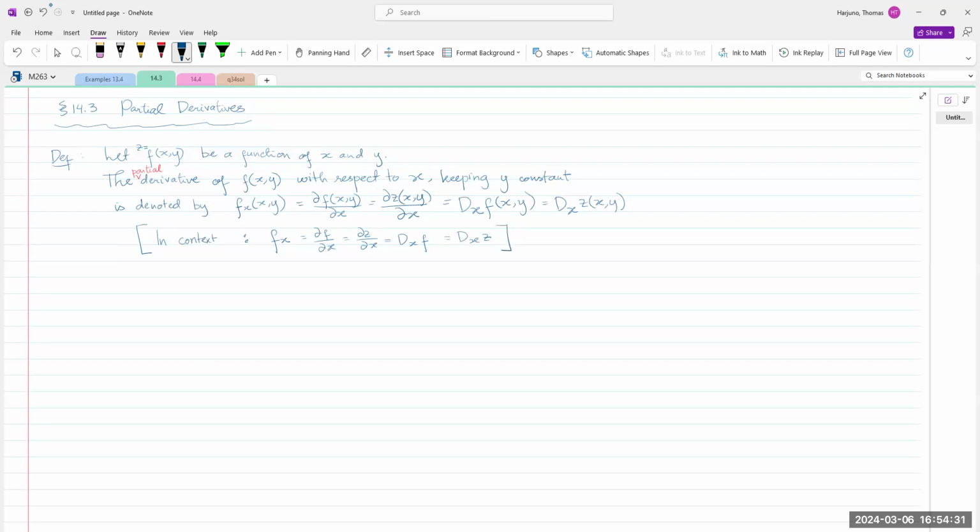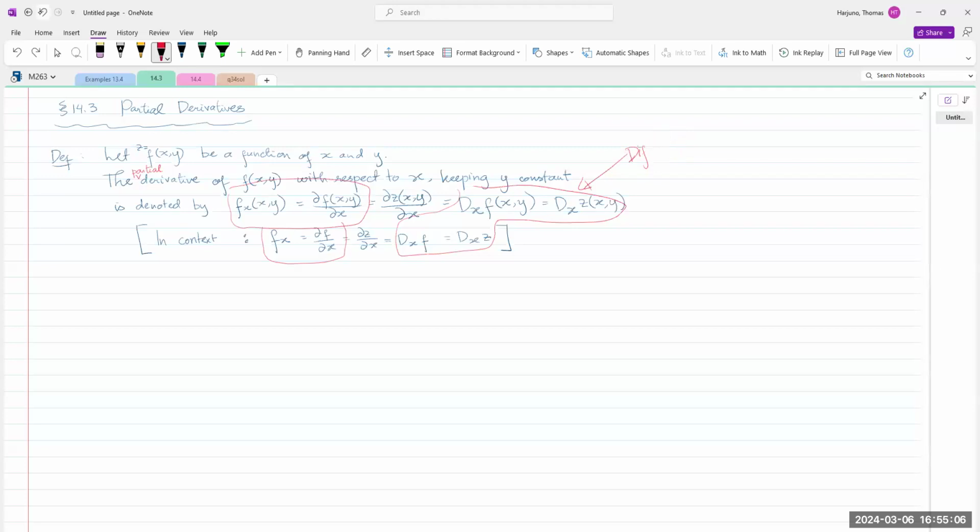The one we use a lot in our course is this type of notation. This capital D notation is usually used in differential equations, or if you go even further, we use that in partial differential equations. That's the course after elementary differential equations.